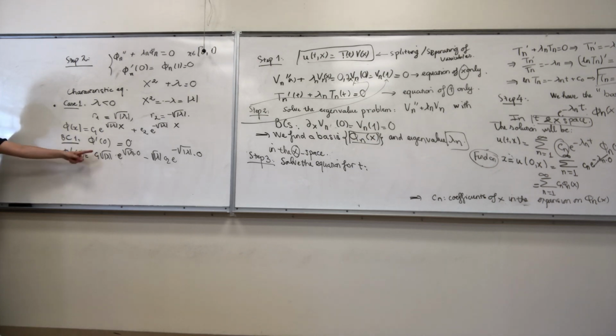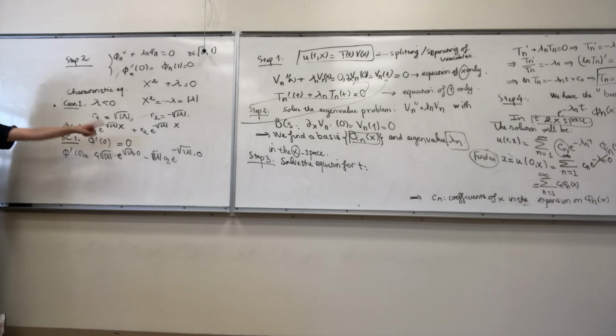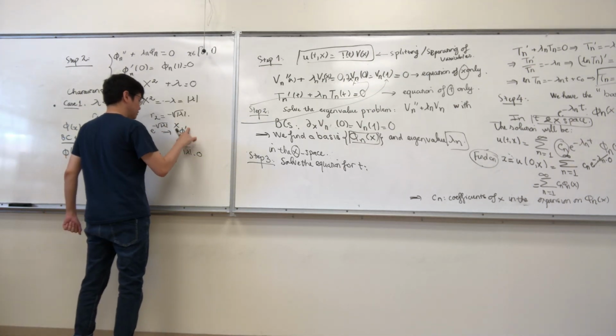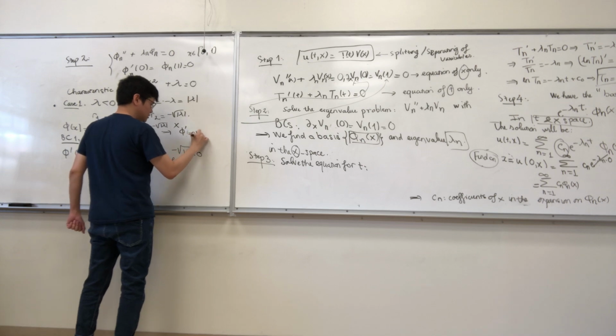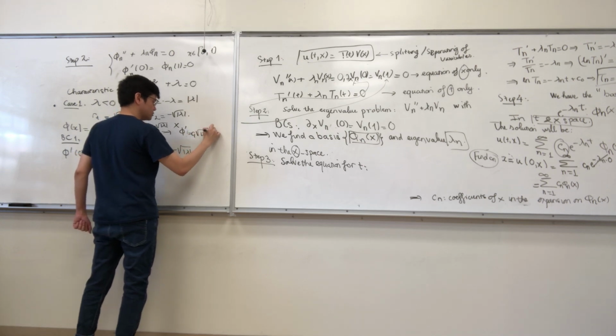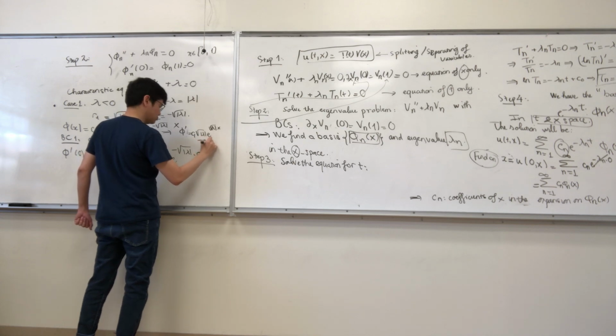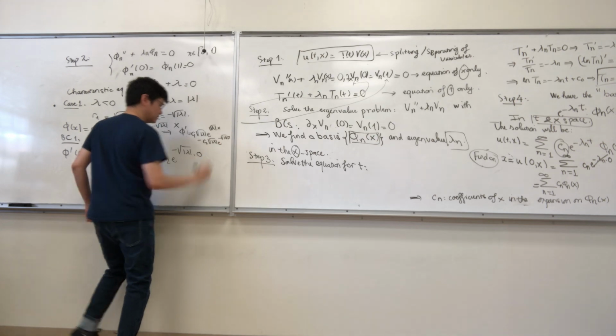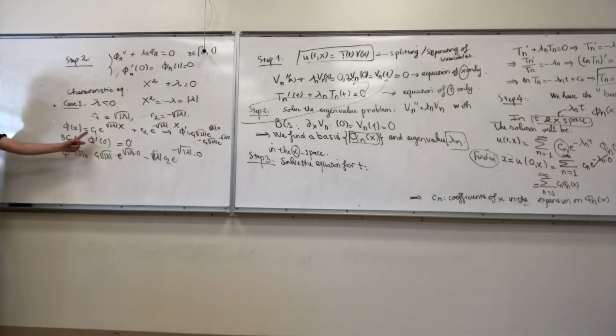So phi prime is c1 square root of lambda e to the power square root of lambda x minus c2 square root of lambda e to the power minus square root of lambda x. This is phi.